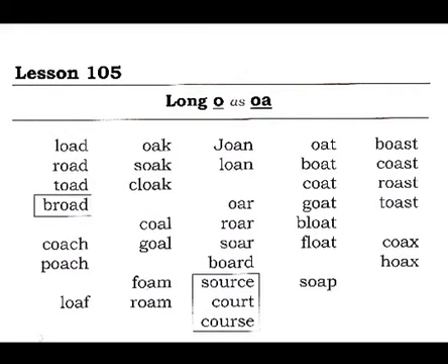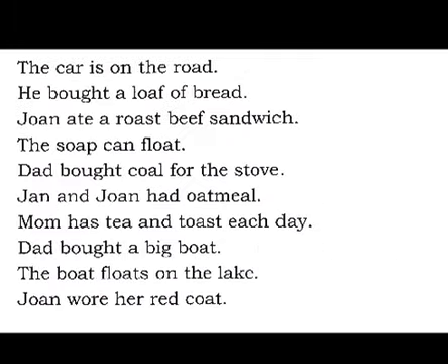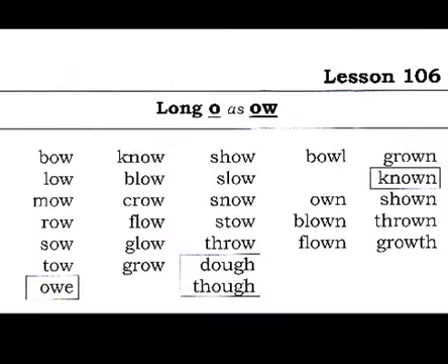And of course, in that lesson, we also have provided sentences so that you can read these words in sentence form. Now, in Lesson 106, we find another way of spelling long O. Isn't that amazing?